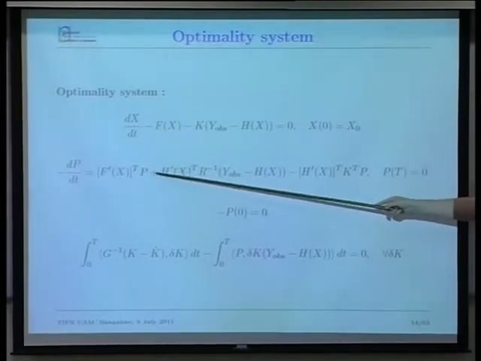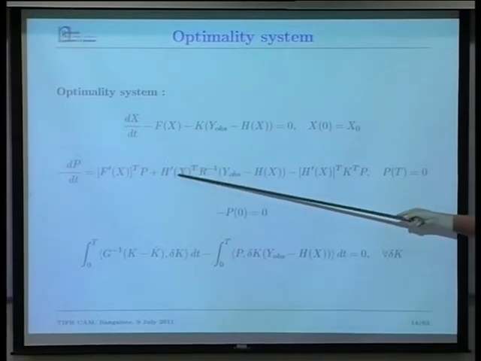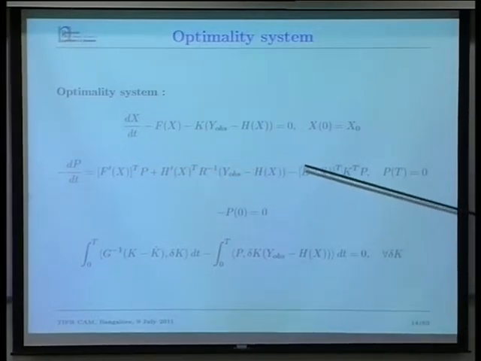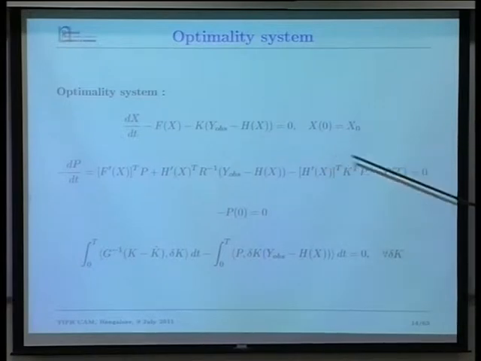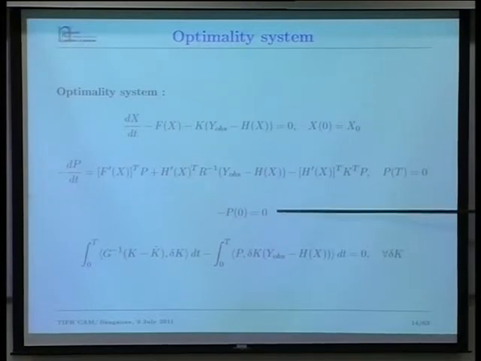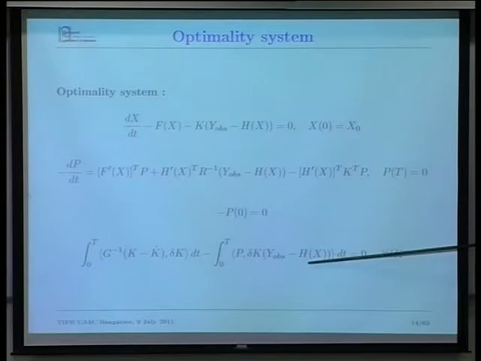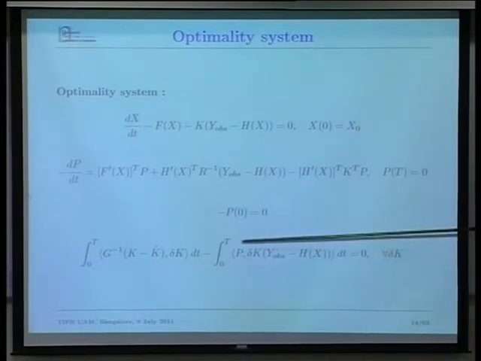It has the standard model term, the standard forcing from the observations, and the new term coming from the nudging term. And then the gradient of J is there. Here it's the partial derivative on x naught, so p of 0 should be equal to 0. And the partial derivative on K is there.